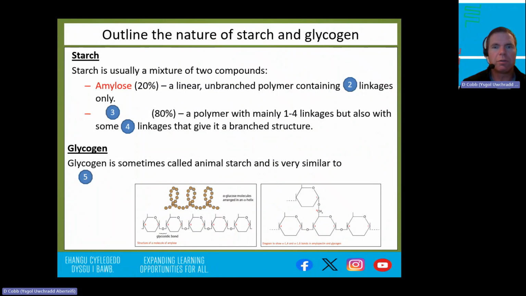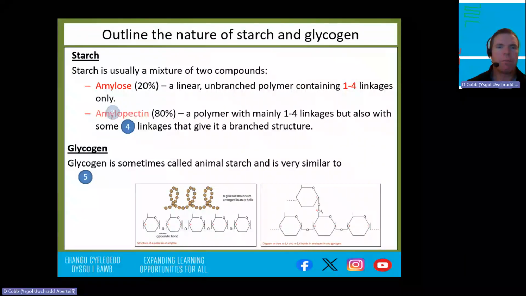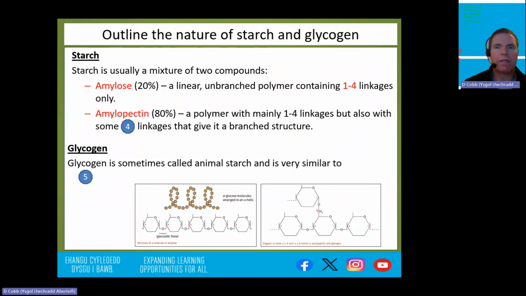Number one is amylose, an unbranched polymer containing 1,4 linkages only, and amylopectin, a polymer with 1,4 linkages, but also some 1,6 linkages that give it a branched structure. Glycogen is sometimes called animal starch and is very similar to amylopectin. That's what we can equate it to. So you don't really need to learn the structure of glycogen. By knowing amylopectin, it's the same as that.